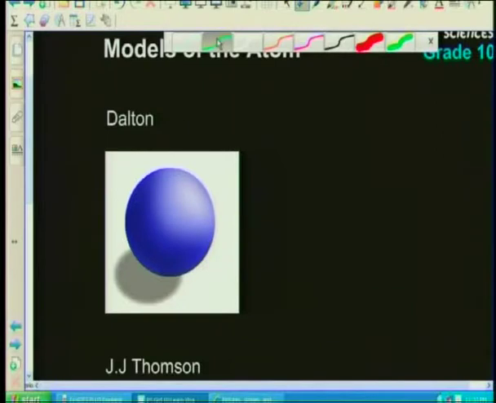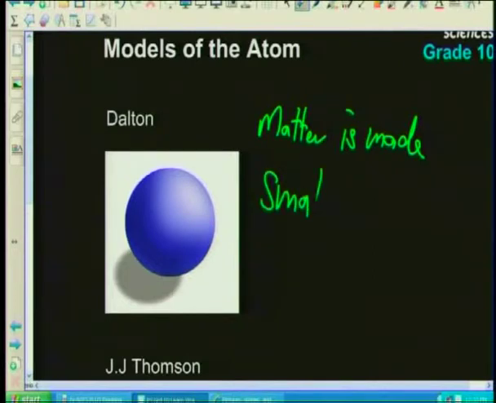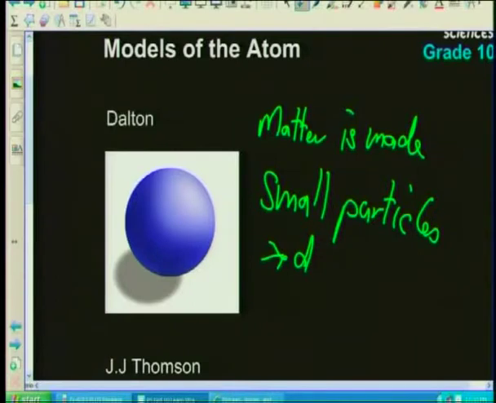important that we understand this, that matter is made of small particles, tiny particles. And he recognized and said, they're all the same, you can't divide them, they're not divisible, and they're all the same.